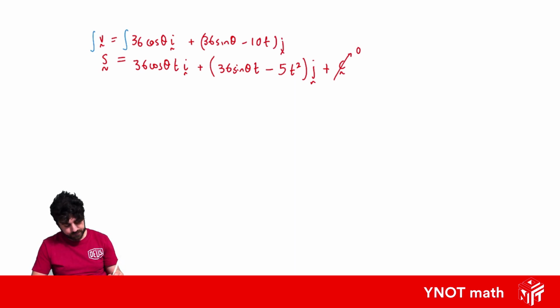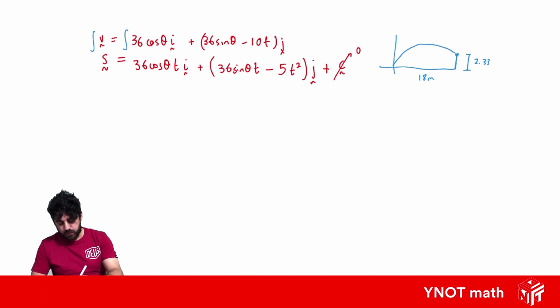Now, we know we had the situation where we knew the goal was 18 meters away and we needed to get it at 2.33 meters high off the ground for our trajectory. So we want to know what happens when the displacement is 18i plus 2.33j. What does our angle have to be?